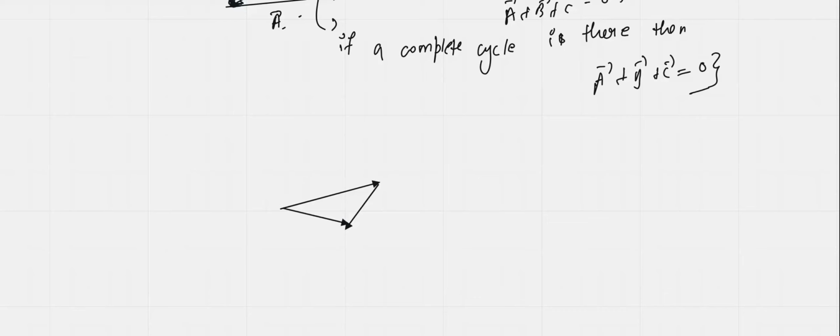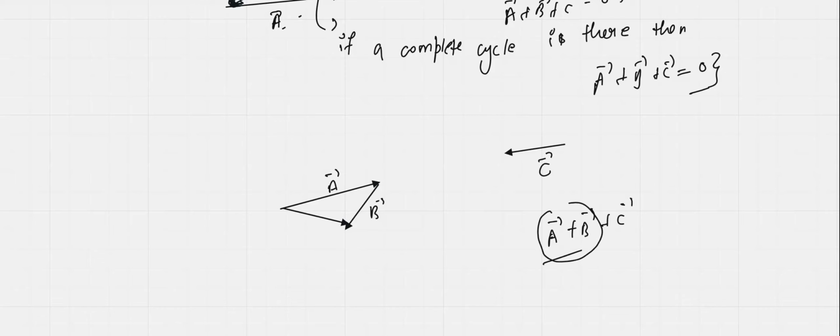So let's say I had three vectors. This is A vector, this is B vector, and another vector is still there, something like this. This is the third vector. If I need to get A plus B plus C, instead of doing all three directly, let's calculate A plus B first.